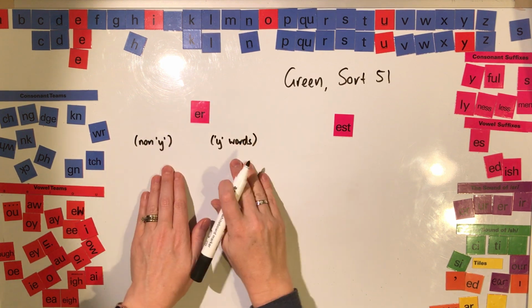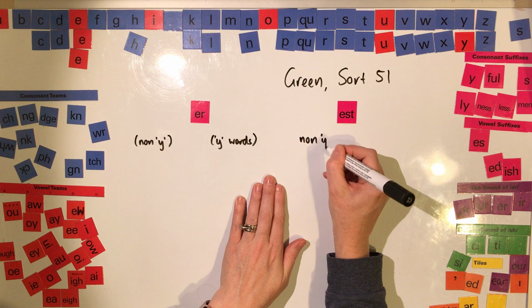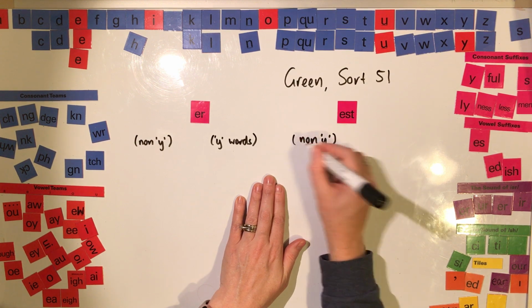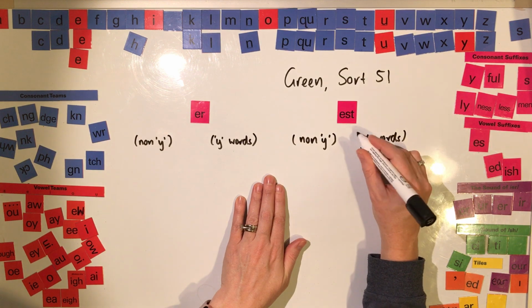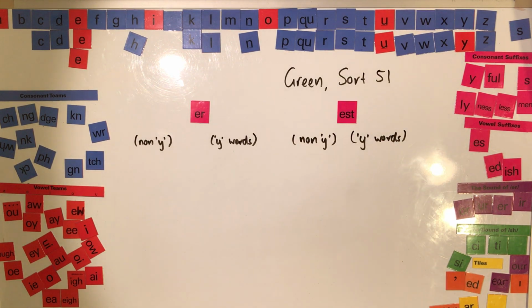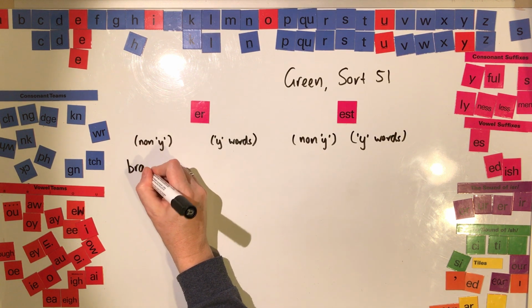Okay, so that's two categories, and we're going to have er and est. So we're going to have non-Y and Y words. That's how I'm doing it. Okay, so let's do non-Y words at er. So we've already done these. I'm just going to whip through these.